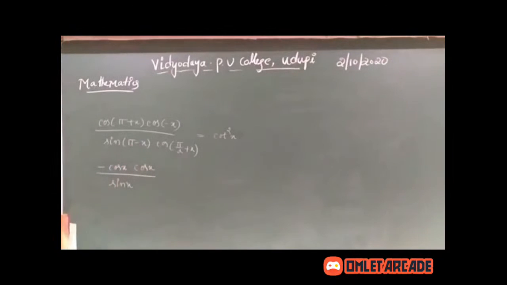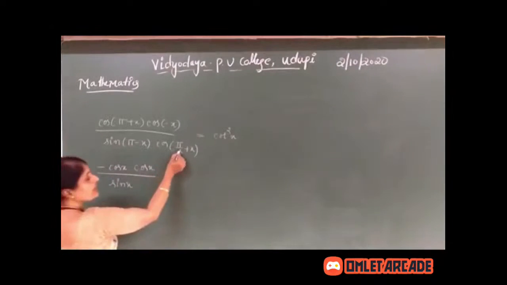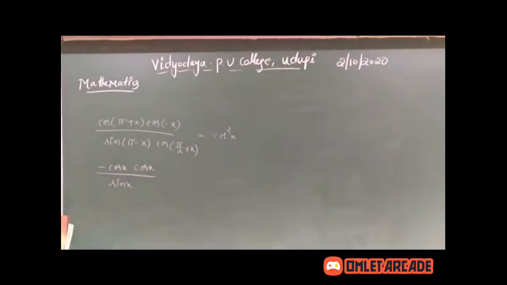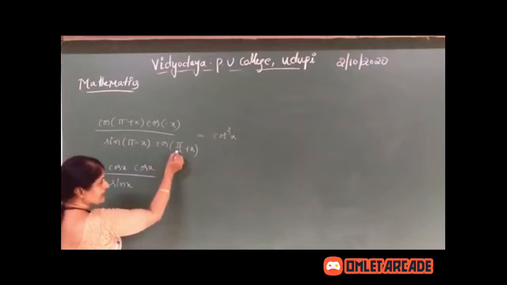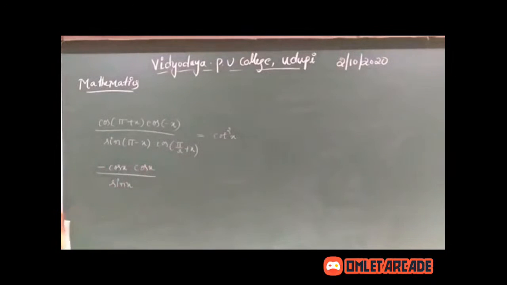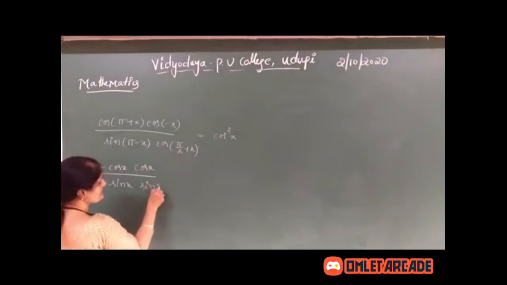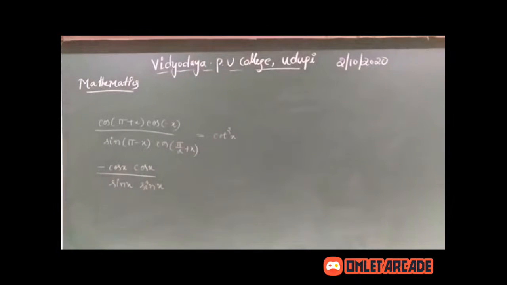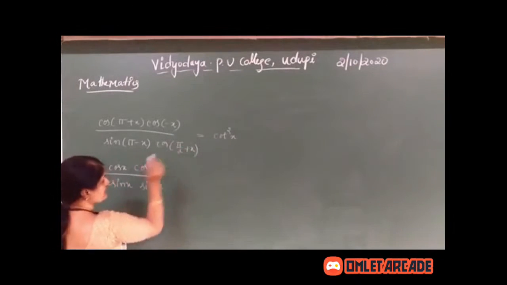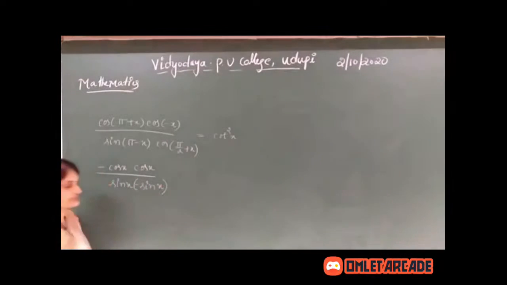In the second quadrant sin is positive. Now pi by 2 plus x, again 90 plus theta comes in the second quadrant. It is cos of pi by 2 plus x, an odd multiple of pi by 2, so the ratio changes to sin x. Okay, now the sign in the second quadrant is negative.